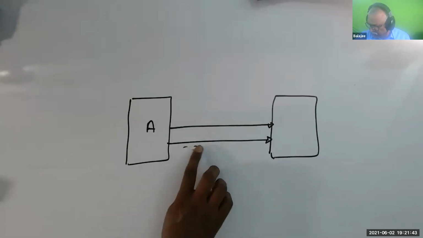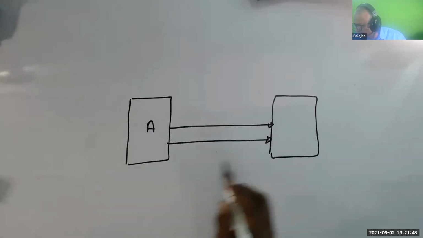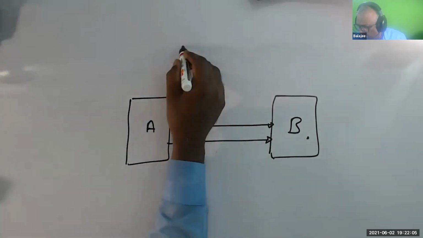I can transmit at any speed because I change the clock. B does not have to have a clock. Since A sent the clock, there is no issue with the clock. But the problem is, I'm connecting so many systems, and I have to keep 2 wires.